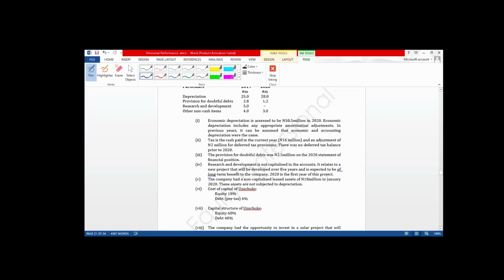It relates to a new project that will be developed for over 5 years and is expected to be of long-term benefit to the company. Year 2020 is the first year of the project.